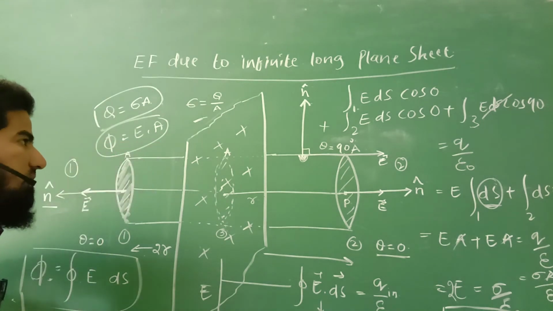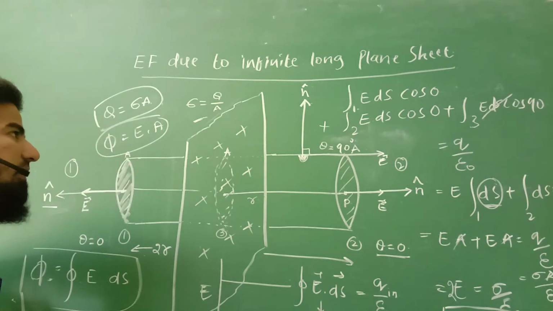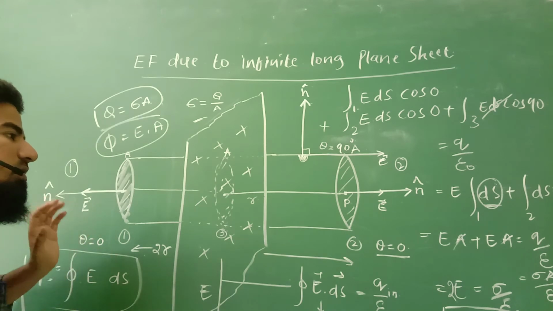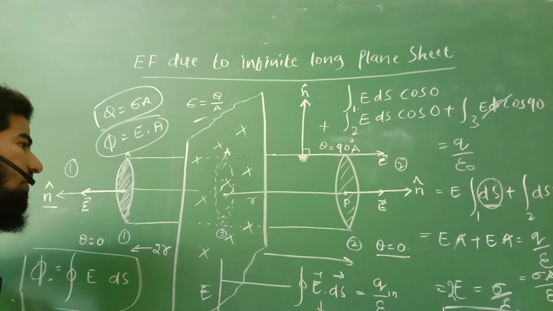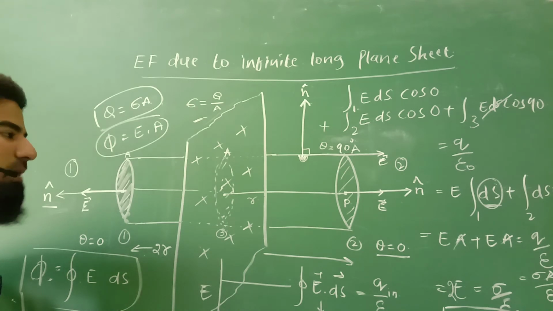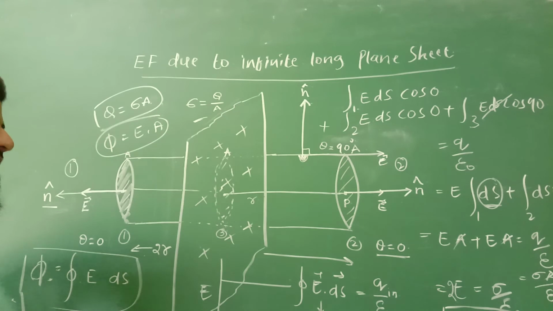So the angle between the area vector and the electric field becomes 0, because they lie along the same straight line. Cos 0 is equal to 1, so we put theta equal to 0 here.